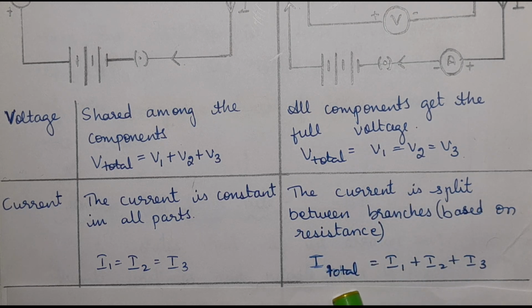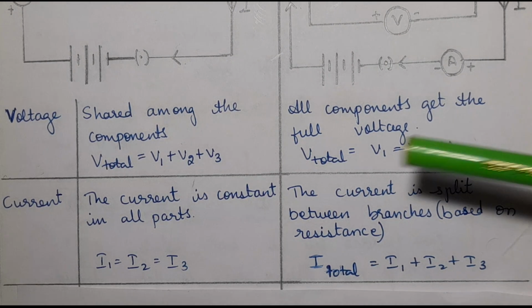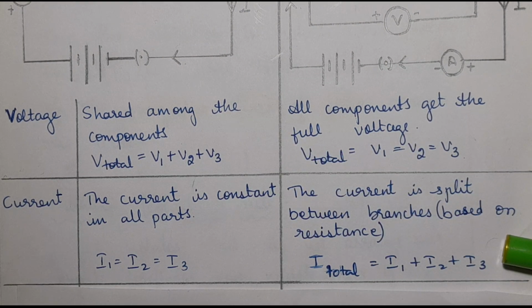That is, the total current will be equal to the sum of the currents flowing through resistor 1, resistor 2 and resistor 3. That is nothing but I1 plus I2 plus I3. We are done with comparing voltage and current with respect to series and parallel circuits.